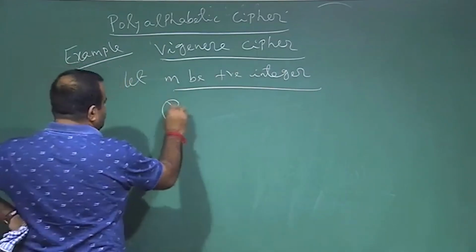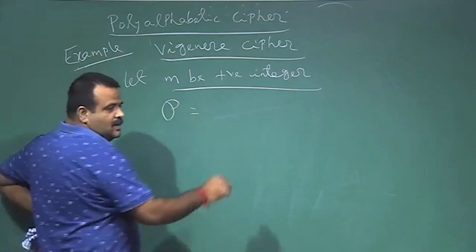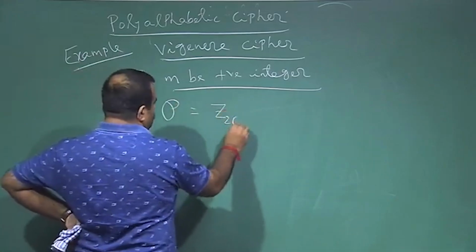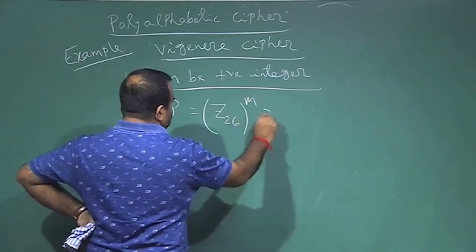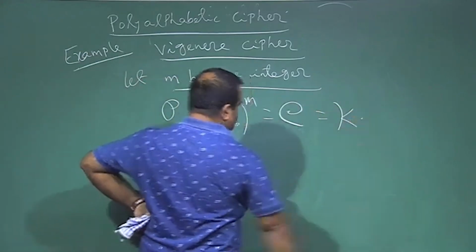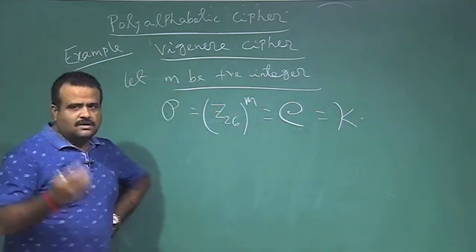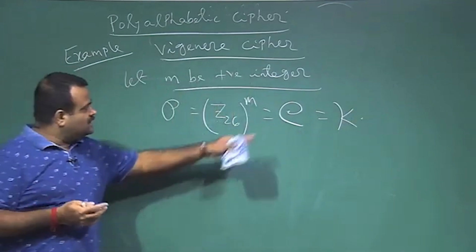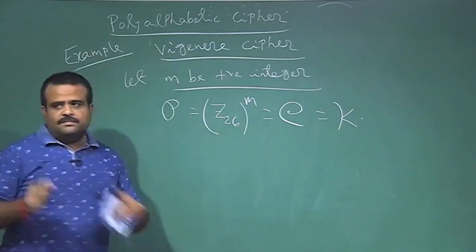So, our plain text space is basically Z26 to the power m, which is the same as the ciphertext space, which is the same as the key space. So, each key is this many bits.